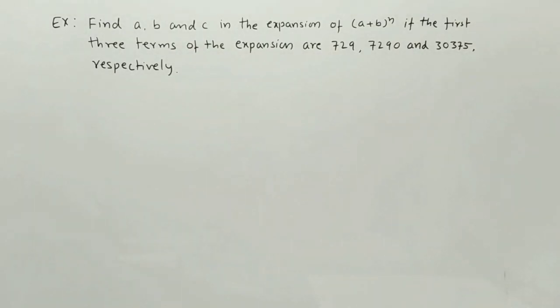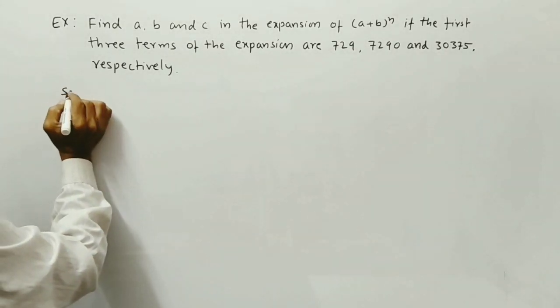Example, find A, B and C in the expansion of A plus B whole raised to the power n, if the first three terms of the expansion are 729, 7290 and 30,375 respectively. Solution.